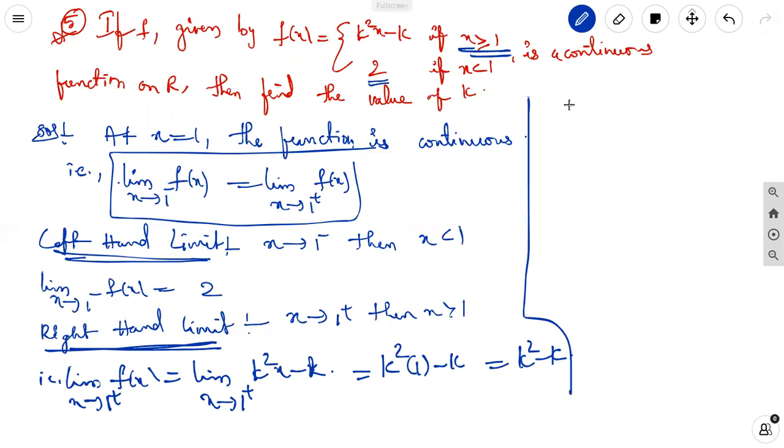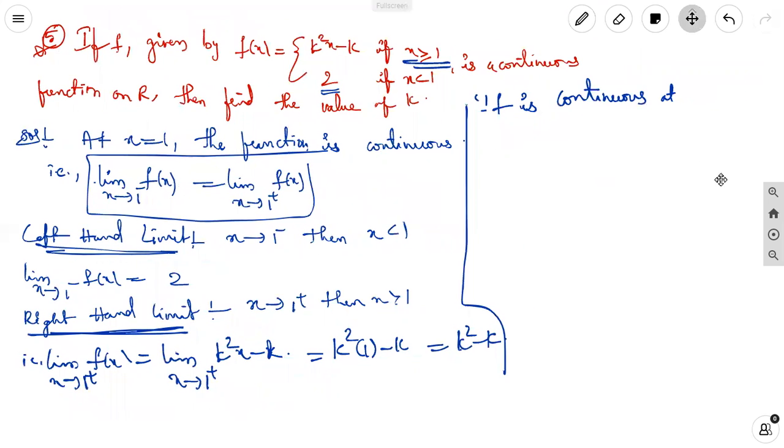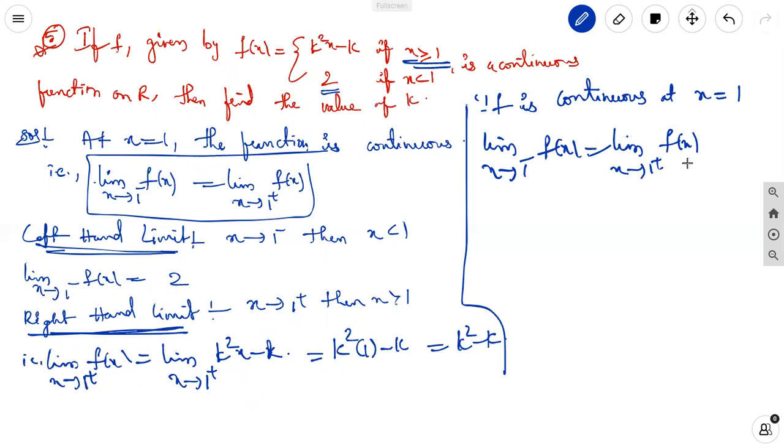Since f is continuous at x equal to 1, what is the relation? Limit x tends to 1 minus f of x is equal to limit x tends to 1 plus f of x. So 1 minus gives the value 2, and 1 plus gives k square minus k.